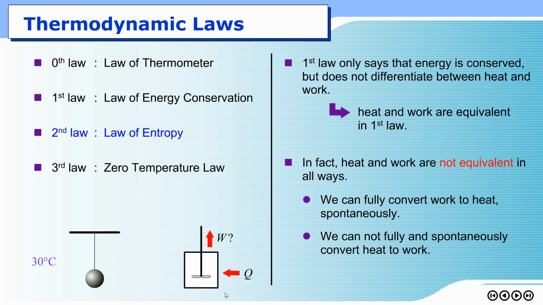Another example: if I have a pendulum hanging from the ceiling like this, and the temperature of the room is 30 degrees Celsius. If I would like this pendulum to move, can I pick some energy from the surroundings and transfer this energy into the pendulum so that the pendulum can move like this?